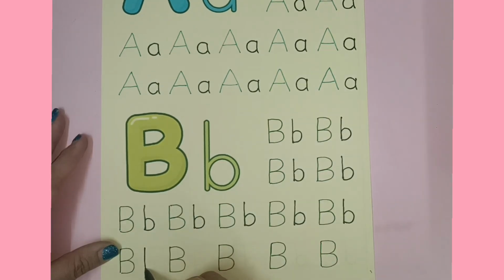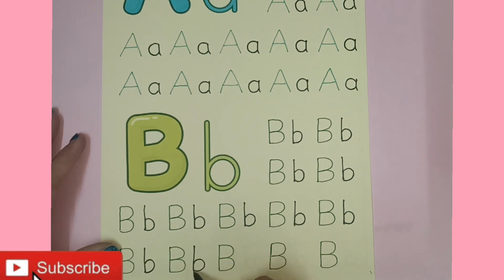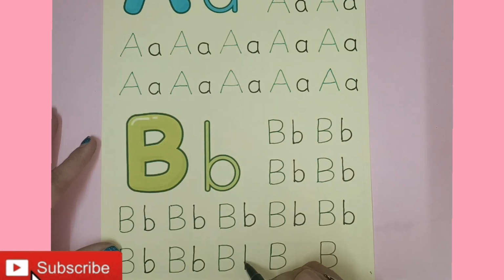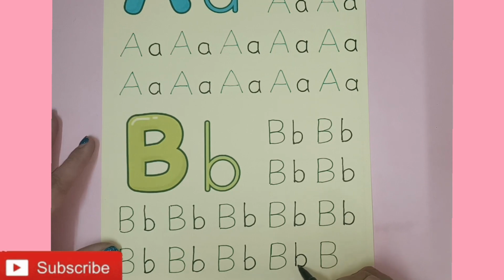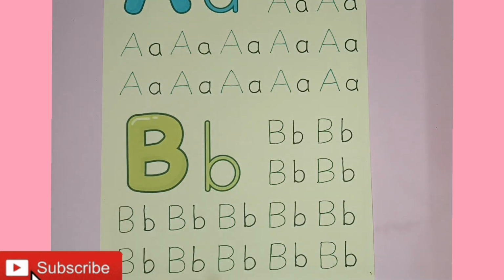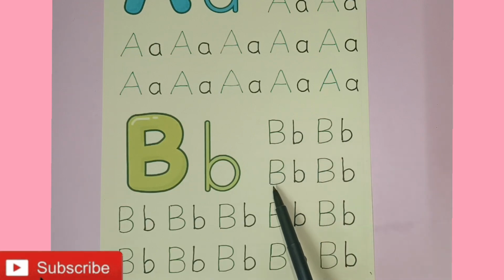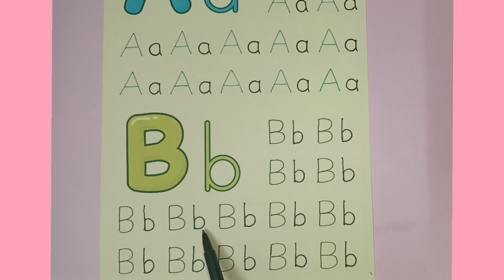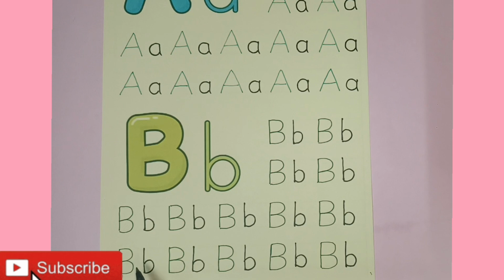one and one circle. Okay, so it's lowercase b, capital B, small b, capital B, small b, uppercase B, lowercase b.